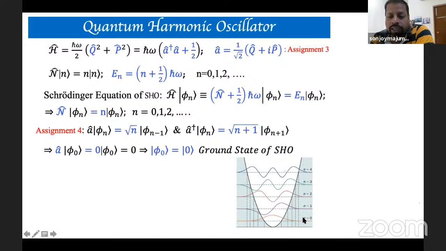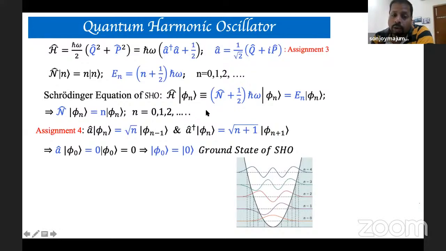Since A dagger shifts the energy from one particular state to the next energy level, and A brings it down to the next lower level, they are called creation and annihilation operators, or the operators responsible for energy raising or energy lowering. The important point is that here energy is quantized, not continuous. That you actually have to understand.